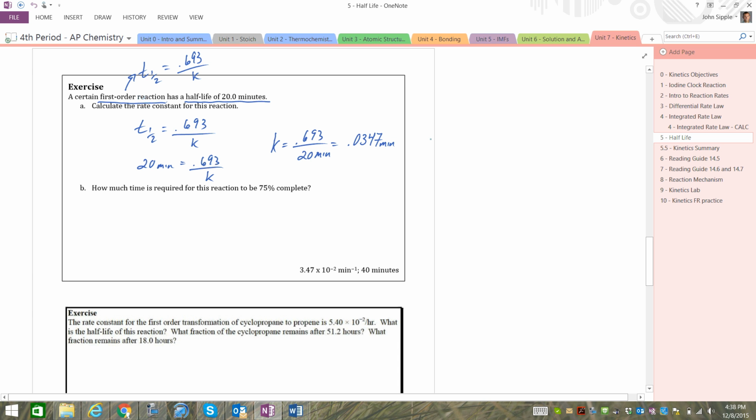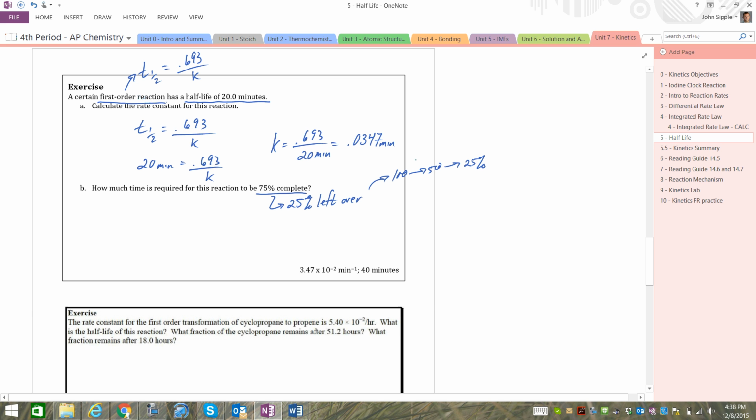Now the next part is how much time is required for the reaction to be 75% complete. If it's 75% complete, that means there's 25% left over. If we go back up to our arrows, we had 100%, then it went down to 50%, then down to 25%.